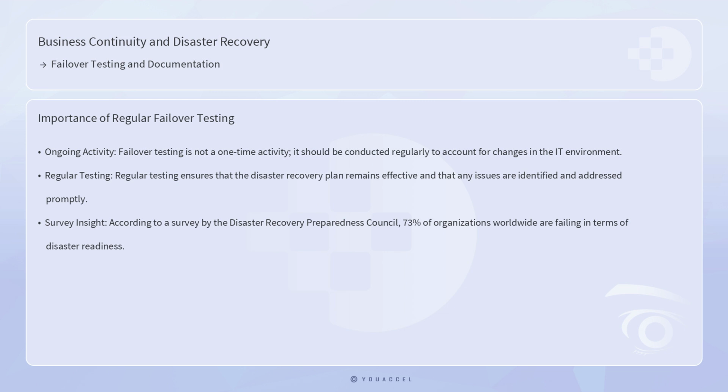According to a survey by the Disaster Recovery Preparedness Council, 73% of organizations worldwide are failing in terms of disaster readiness, with many not testing their disaster recovery plans regularly. This statistic highlights the importance of ongoing failover testing and documentation to maintain a high level of preparedness.